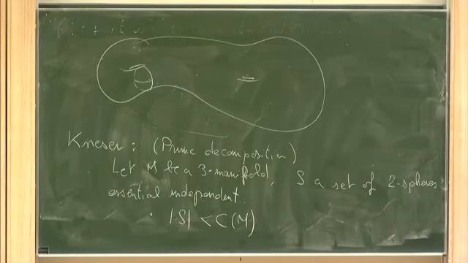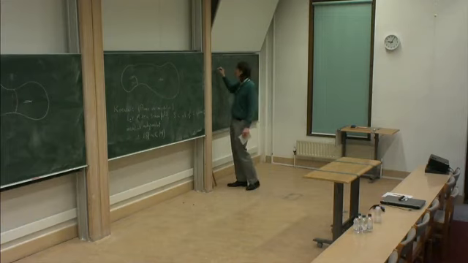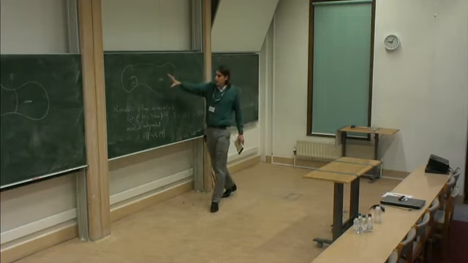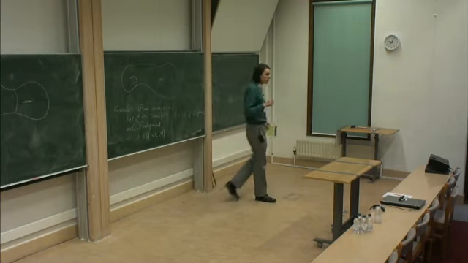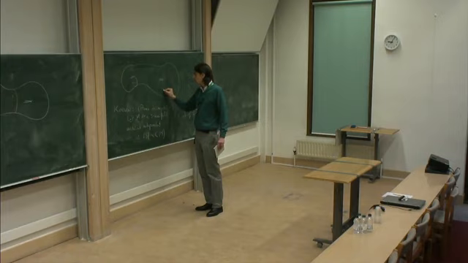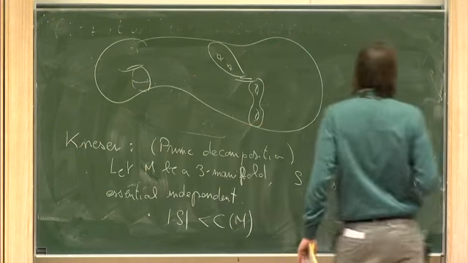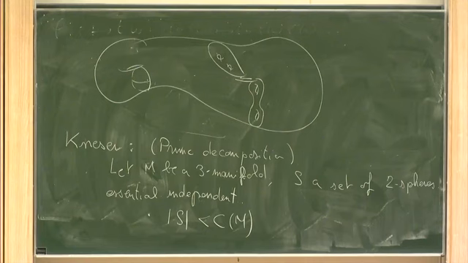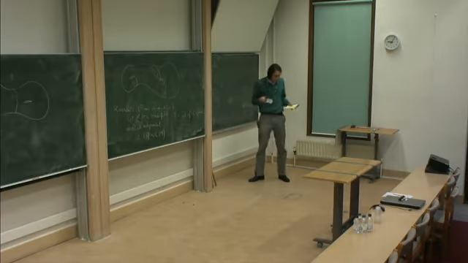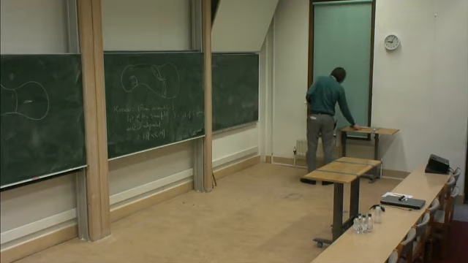And more generally, this question has also been answered in the case of surfaces. So instead of looking at spheres embedded in the three manifolds, we look at general surfaces, and this has been answered by a theorem of Haken, that the number of surfaces that we can embed is also bounded.